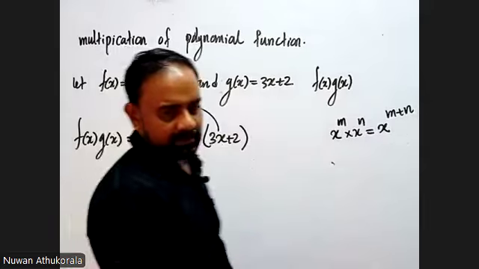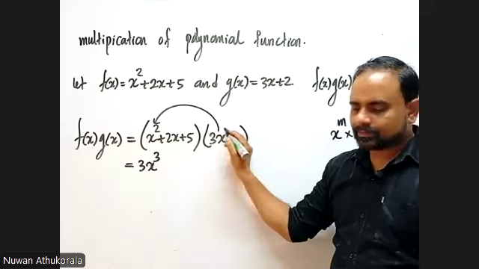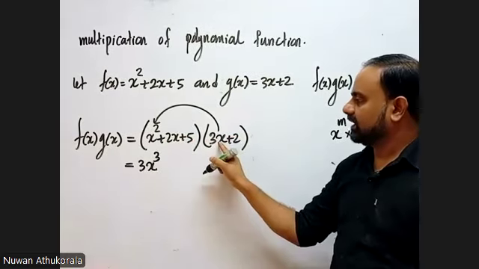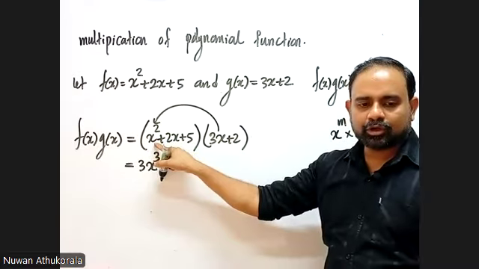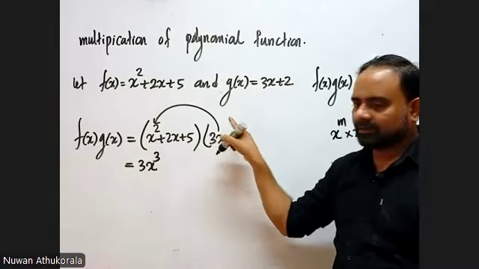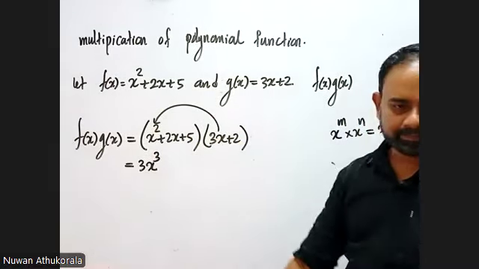Here the power of x is 1, here 2. When we are multiplying 3x and x squared, we have to add the 2 and 1. 2 plus 1 become 3. Coefficient is 3.